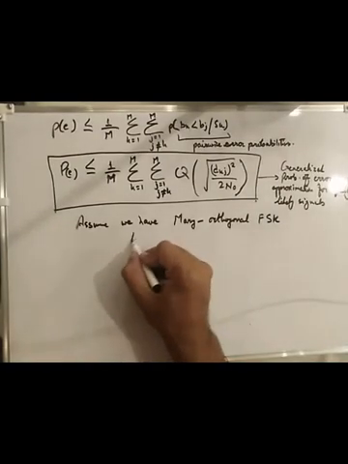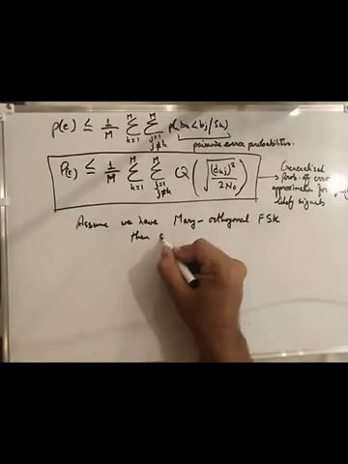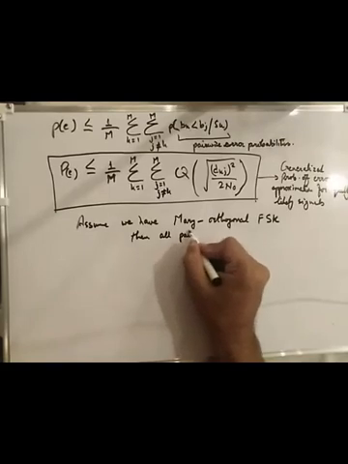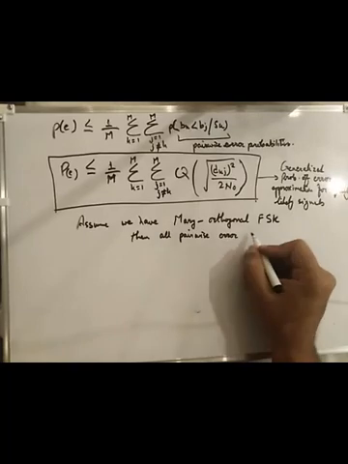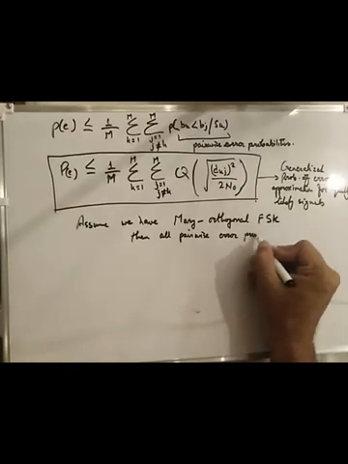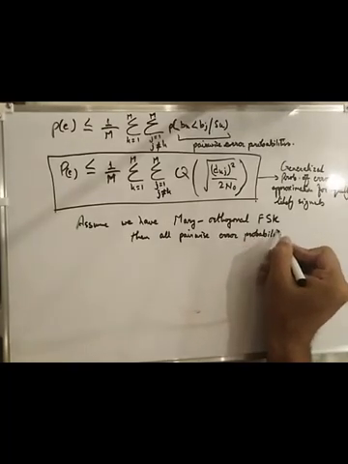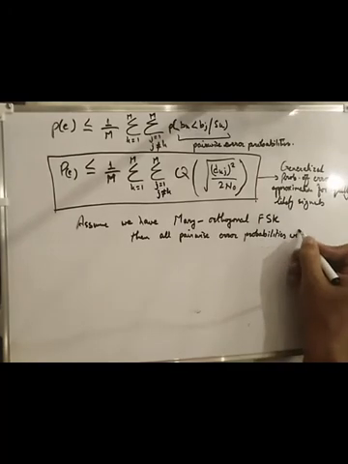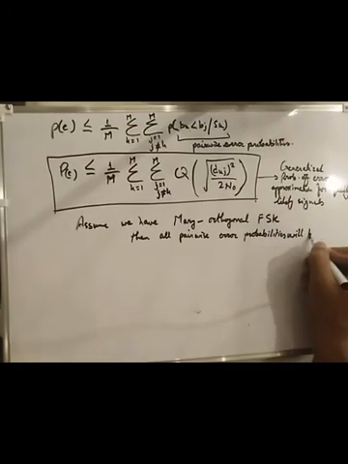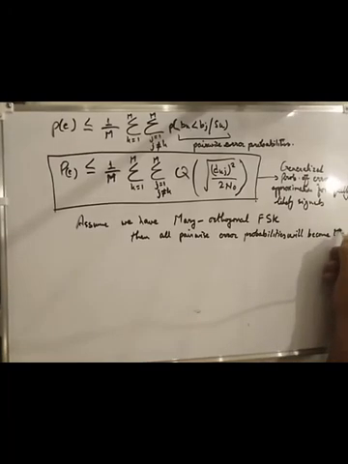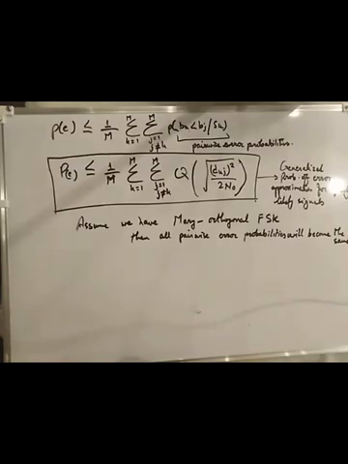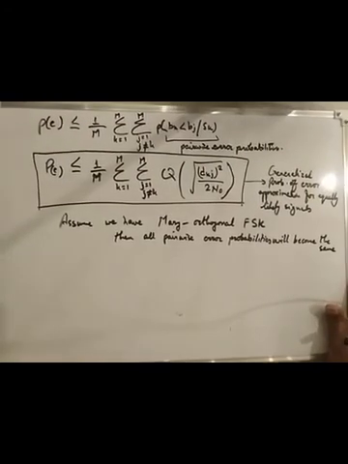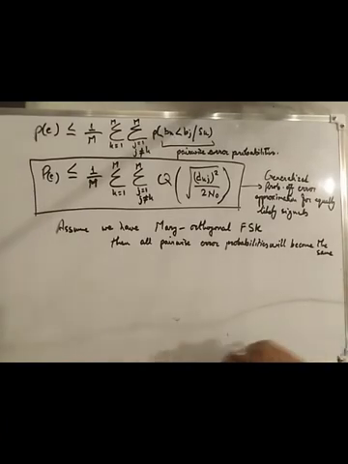Then all pairwise error probabilities will become the same. This is very important, how it is going to become the same. Let's see how.